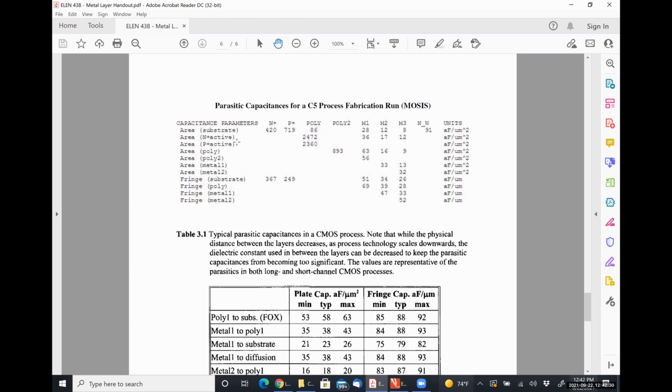And I want you to notice another very important thing here: there's both an area capacitance value and a fringe capacitance value. When you learned about parallel plate capacitors in your ELEN 411, probably 313 class, as well as your physics 202 class, everything was based on the parallel plate capacitor model being an infinitely large plane.